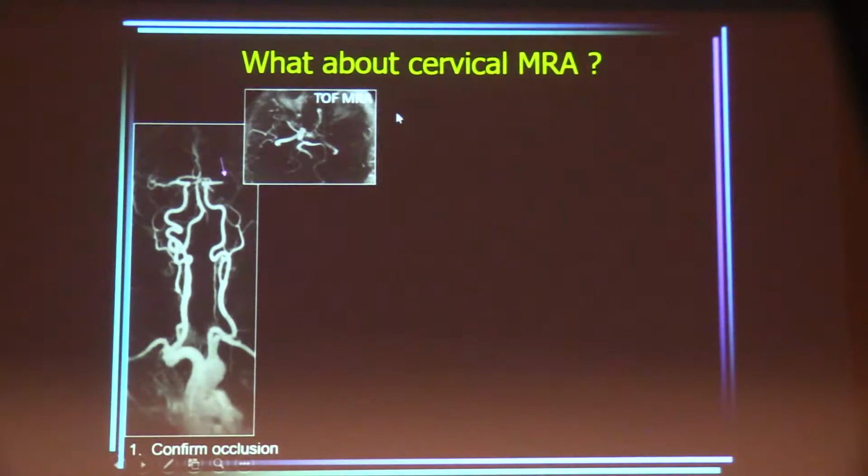The first information we need is to confirm the arterial occlusion, and as you may know, tough MR angiography might overestimate the occlusion, and some suboccluded artery might look occluded, as is the case here. You can see that the internal carotid artery seems occluded, and this is not the case here. When you give contrast, you confirm that the M1 is proximally occluded, but the carotid pathway is okay.